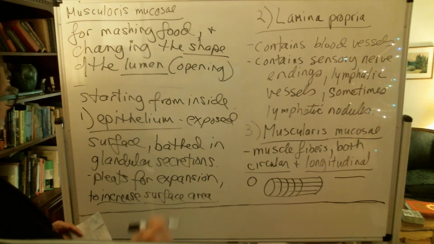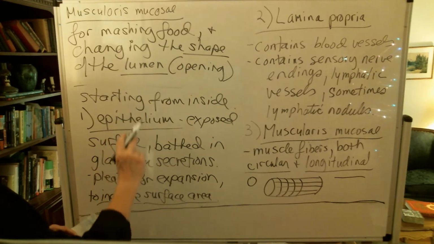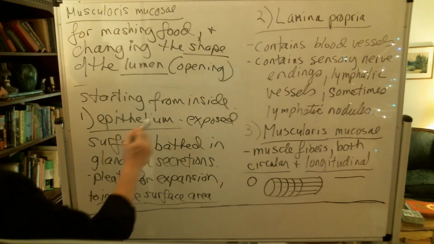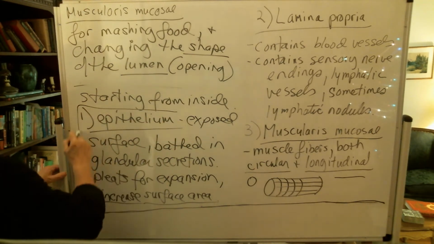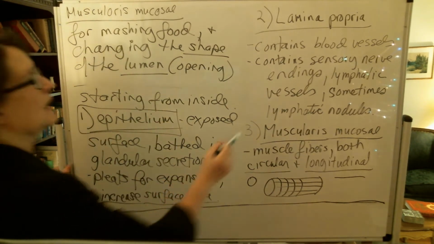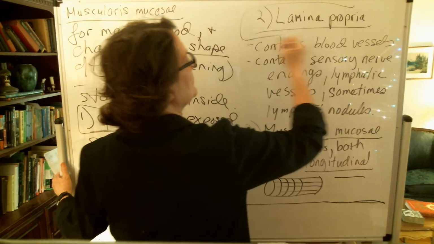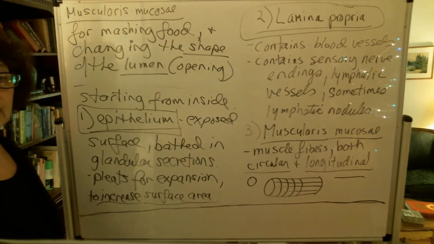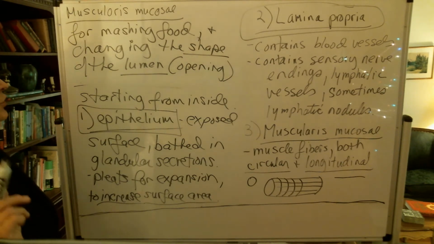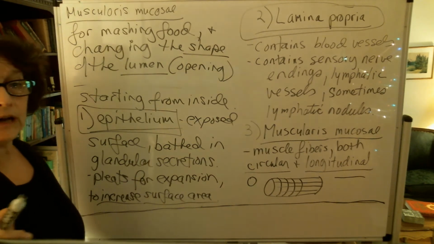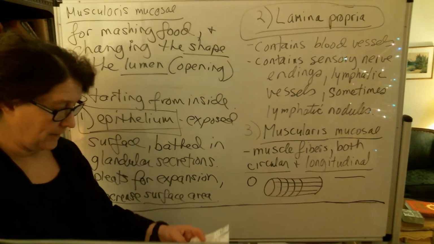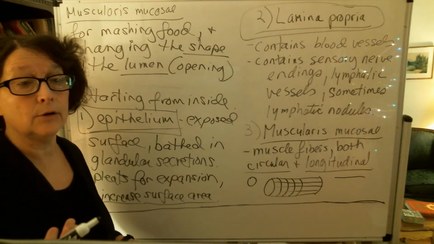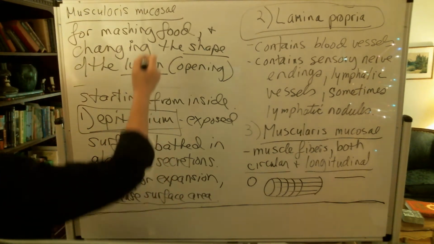Okay, so we have the epithelium and we have the lamina propria. Now, one thing you need to know is that sometimes this, the epithelium, combined with this, the lamina propria, sometimes those two together are known as the mucous membrane, and then sometimes also as the mucosa. You will hear it referred to in that way.